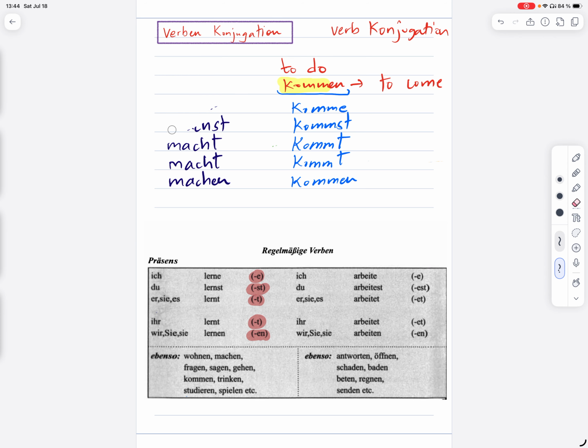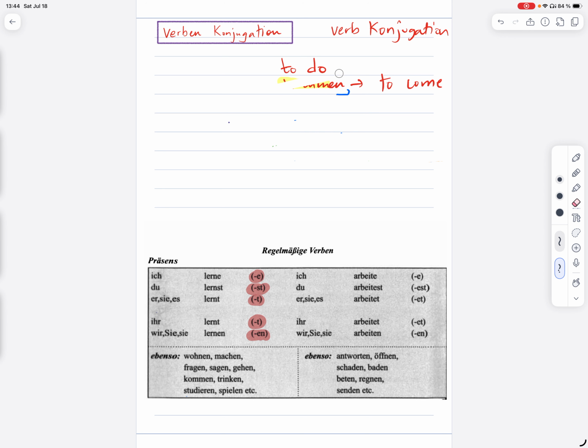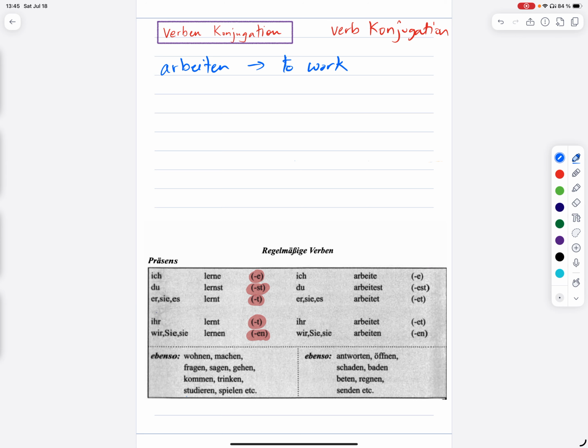But there are some exceptions in regular verbs, where you will come to a situation where you have to do something more than conjugating the verb at the end depending upon the personal pronoun. So for example, let's look at arbeiten. Arbeiten means to work, right? This is the verb.